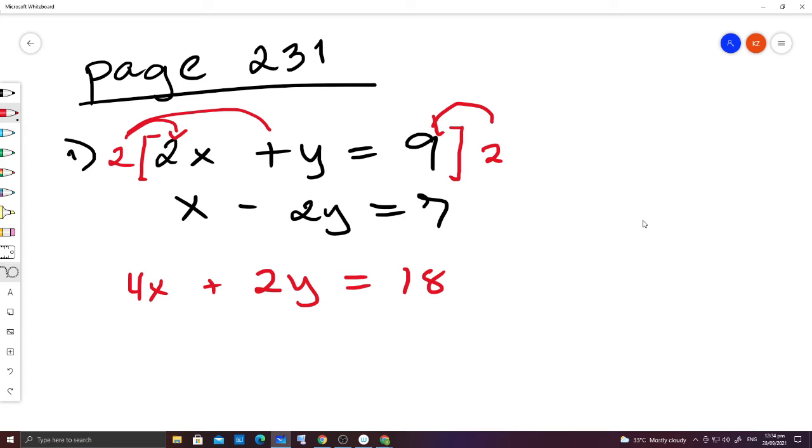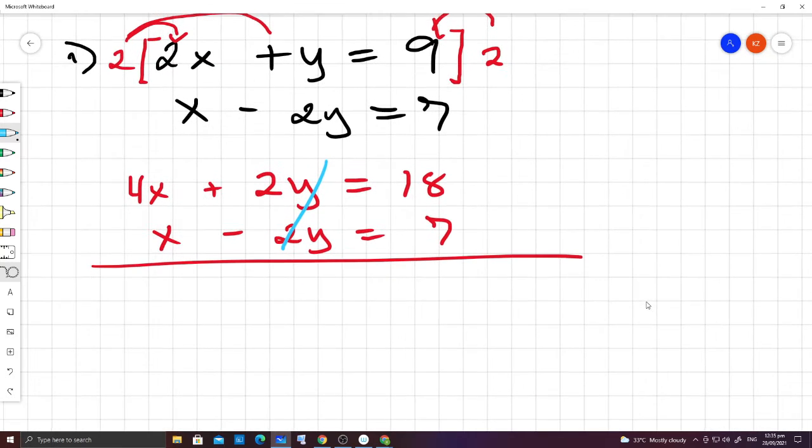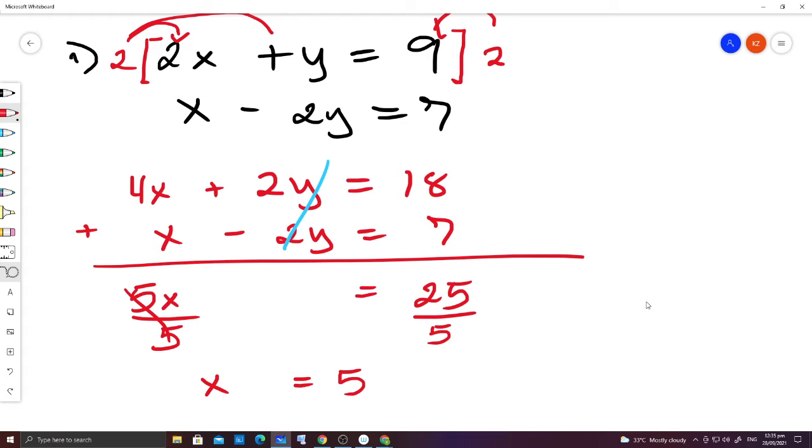And then copy the second equation, x minus 2y equals 7. Now we can eliminate y, because positive 2 plus negative 2, or 2 minus 2, is equal to 0. So we have 5x equals 25. So divide by 5, both sides, and then x is equal to 5.